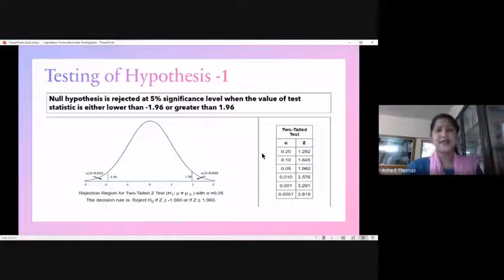So when I say there is a 5% significance level, there is a 5% chance of rejecting the null hypothesis when it is true. So the critical value can be negative 1.96 or positive 1.96, which I have taken from my Z table.